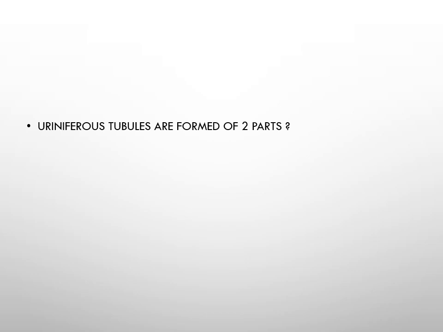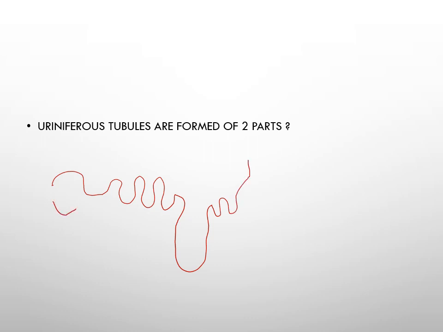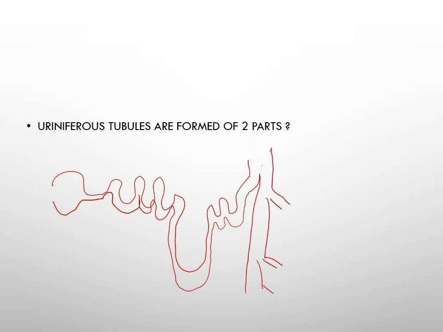So what are the two parts that form the uriniferous tubule? The uriniferous tubule is formed of the nephron, which includes the proximal convoluted tubule, the loop of Henle, and the distal convoluted tubule, and then the collecting tubule.